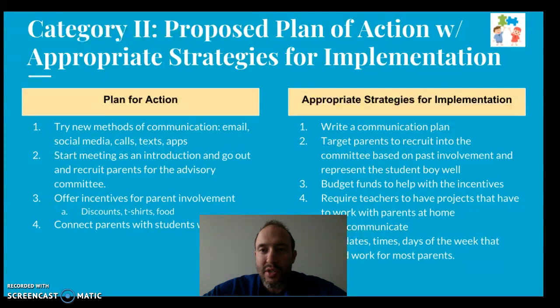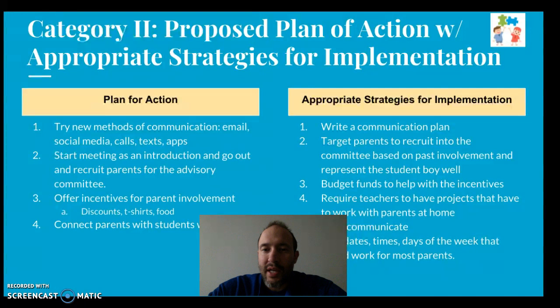Give them t-shirts that show pride in the school, where they're wearing around a JFK school parent advisory group t-shirt. Offer food. People love free gear and free food. I know that from coaching. And then connect parents with student work. I'll talk about what I mean by that in the implementation part here.